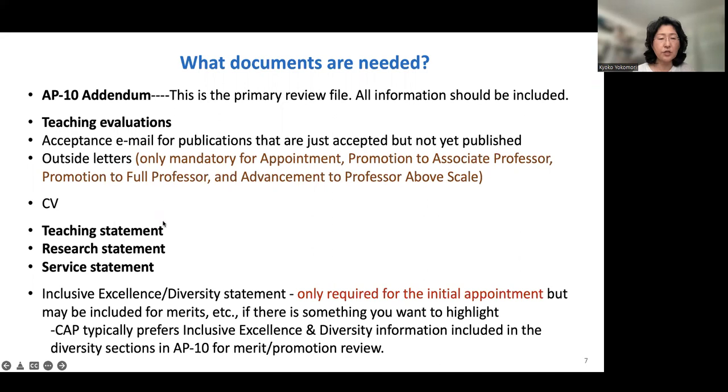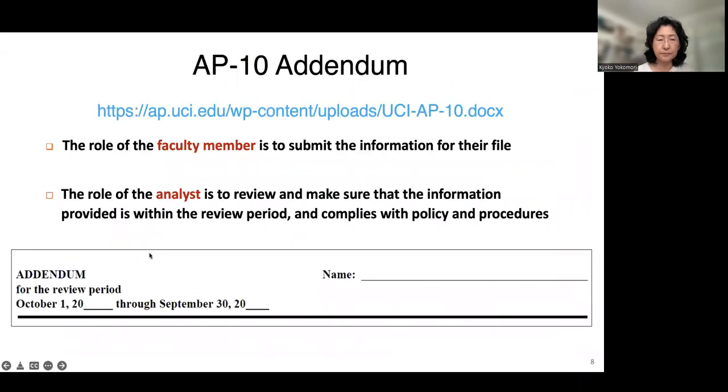These 2 need to be attached to the AP-10. And in addition, you're going to have a CV, which covers the entire career. If there's anything you want to mention that's outside of the review period, the information should be in this CV that CAP can look at. Later today, I'd like to talk a little bit about the other personal statements. So I'll come back to this.